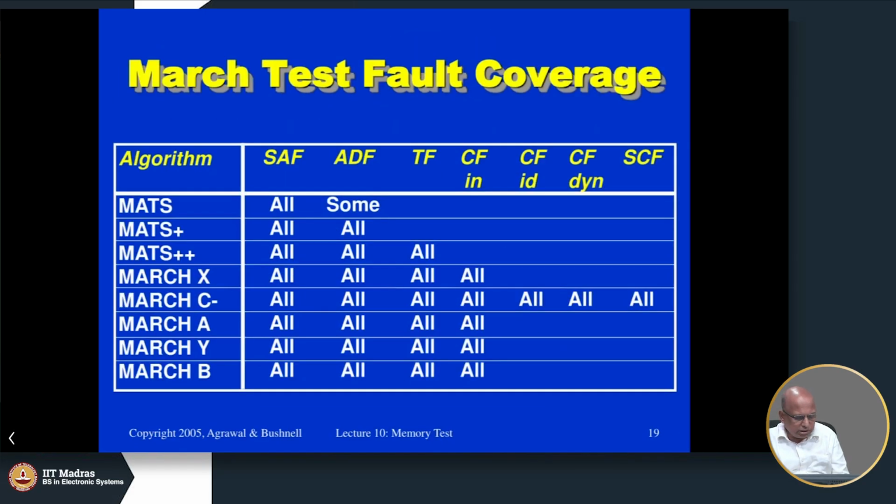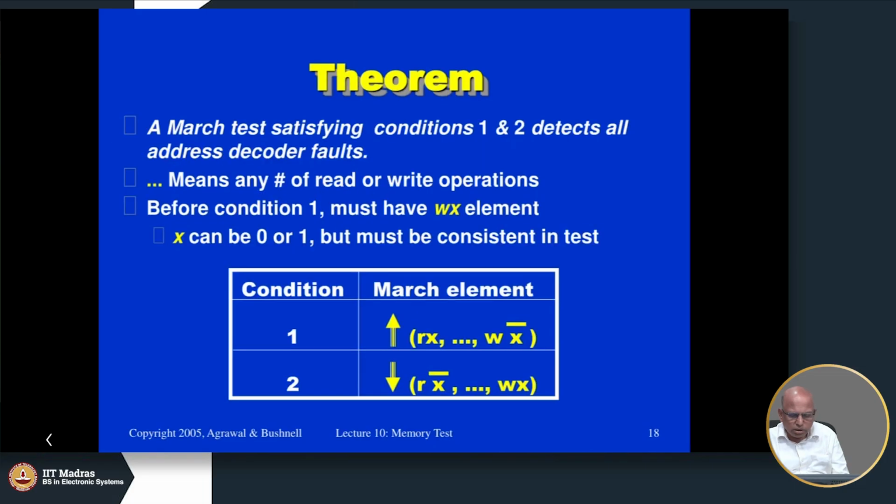And this is the theorem that he was referring to. So what it says is that when you are going from low to high or high to low, if you do a read 0 and write 1 or read 1 and write 0, x and x bar are opposite values. If you are doing read 1 here, you should do write 0. If you are reading 0 here, write 1.